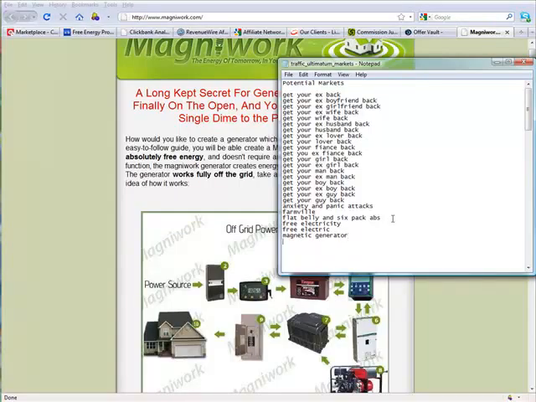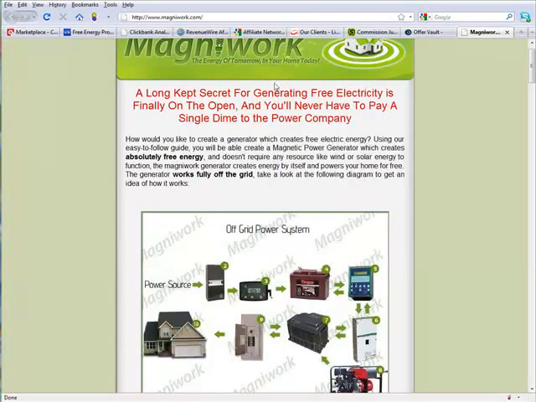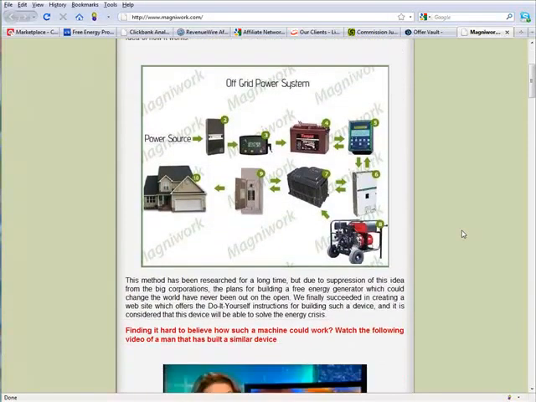So just by reading this first little bit here, I get an idea of the market. So it's people who are interested in going off the grid, no longer getting their power supplied by the energy company, but creating the power themselves. The ebook, the offer itself, actually gives them a step-by-step process on how to do that.